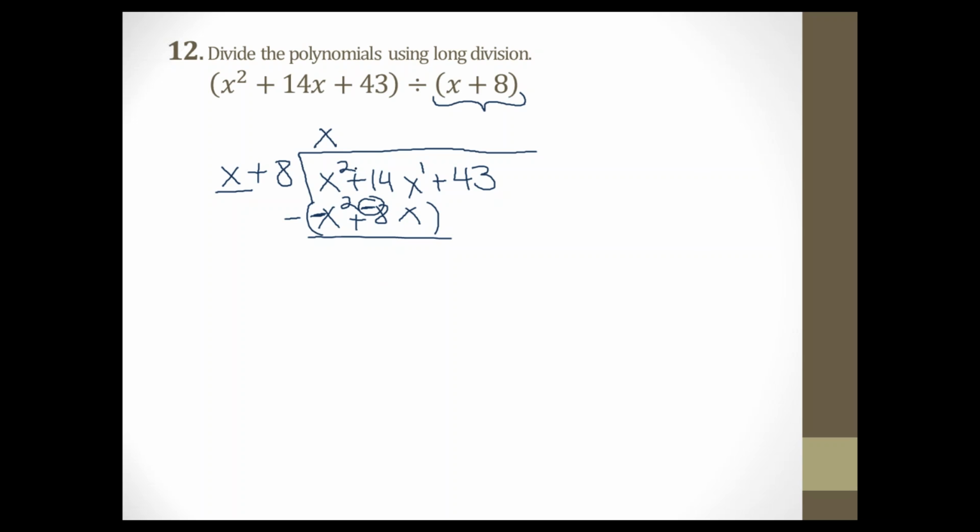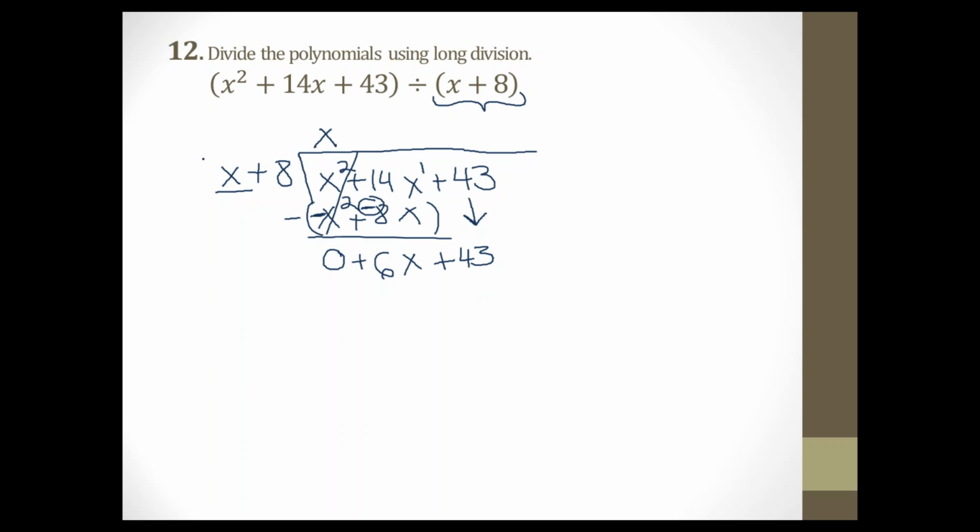Now we're ready to add down x squared minus x squared. This first term should always cancel out, that's how you know you did it correctly. And then 14x minus 8x leaves me with 6x, and then I'm going to bring down my next term, so plus 43.